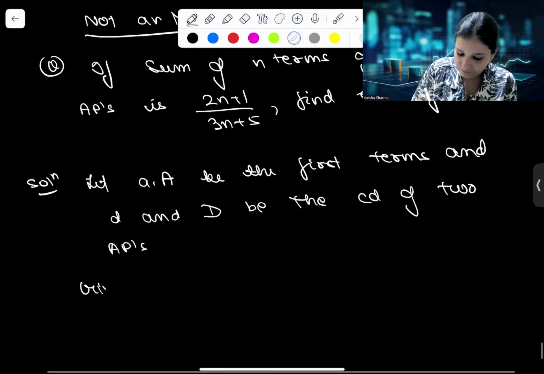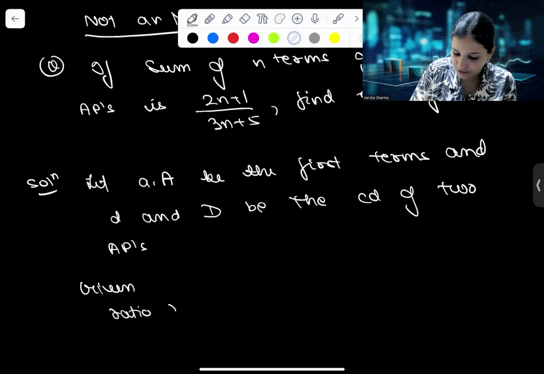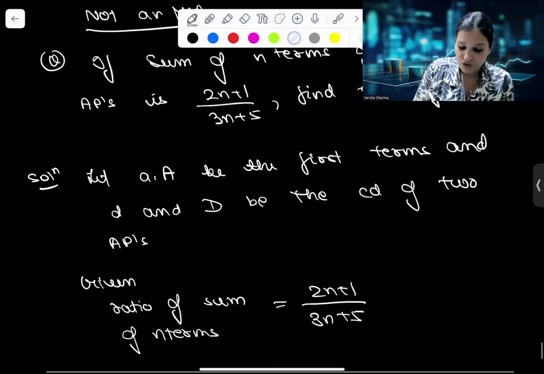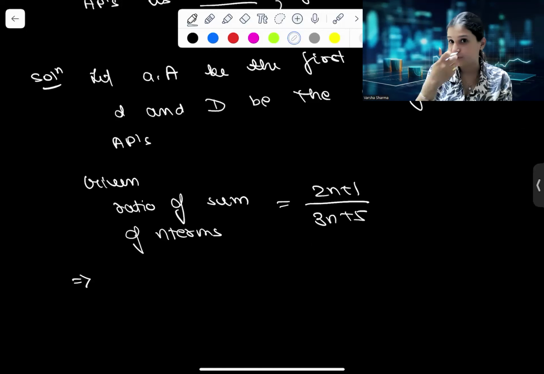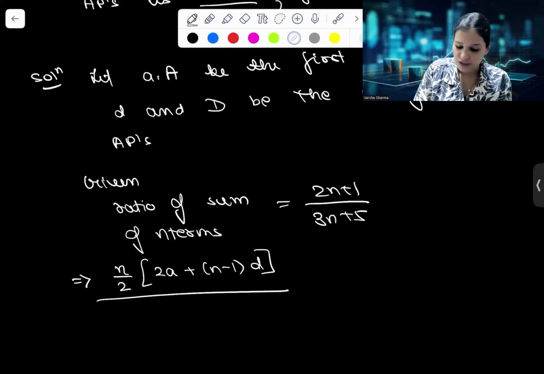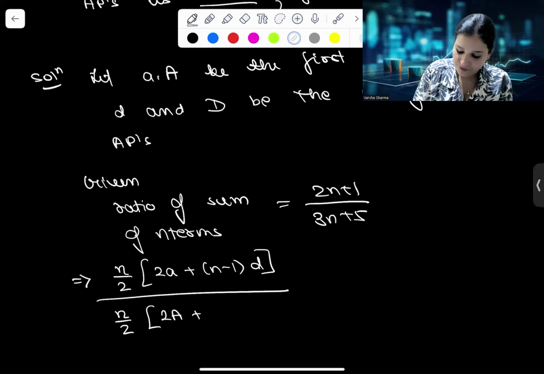Given the ratio of sum of n terms is 2n plus 1 upon 3n plus 5. So the sum of n terms formula is n by 2 into twice a plus n minus 1 d. Similarly, in the next AP also, the number of terms is the same. What is different is the first term and the common difference. So twice of capital A plus n minus 1 into capital D.